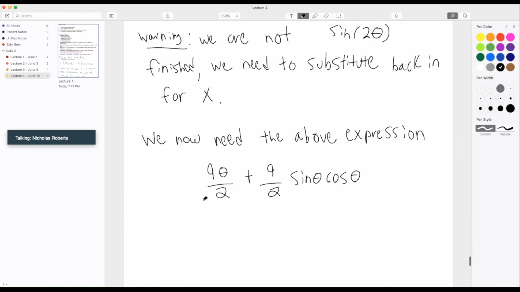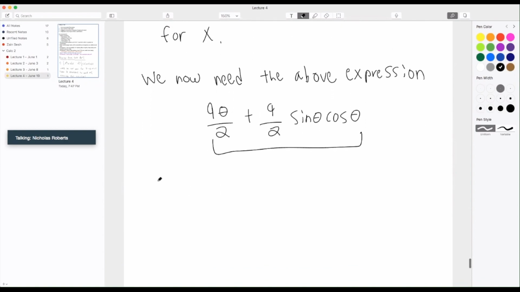We now need the above expression, which is this, in terms of x. So that's how we finish the problem. We rewrite this guy in terms of x. And then we're done.